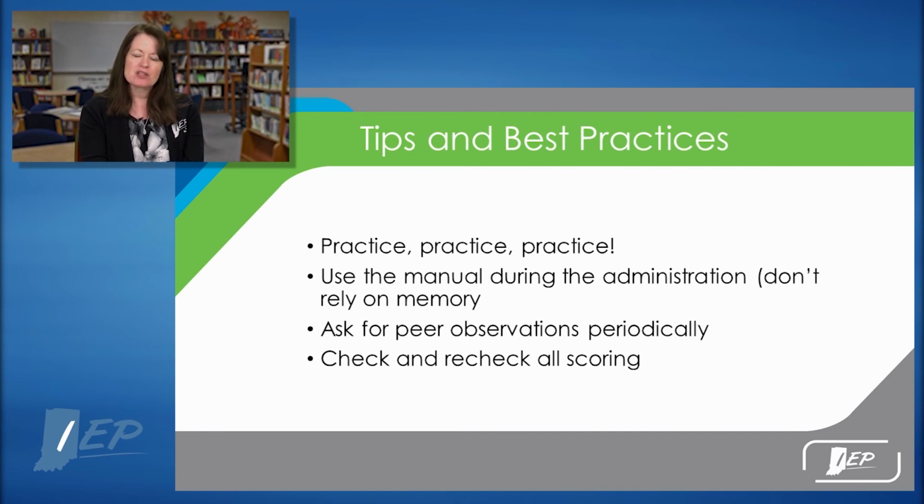So always look back over your numbers, your totals, and if nothing else, eyeball them to make sure that they just make sense. That, boy, I thought this kid did really well, and I find a 68 standard score on this. How can that possibly be? It could have been an error of just me calculating a total wrong. So very important to recheck those things.